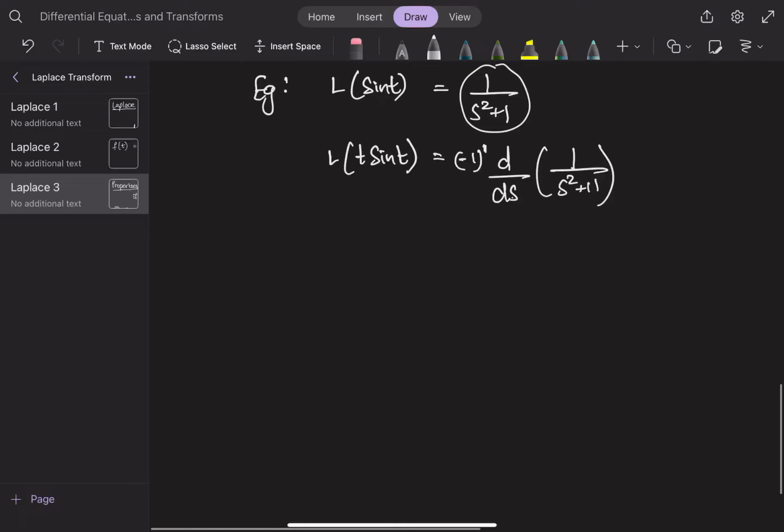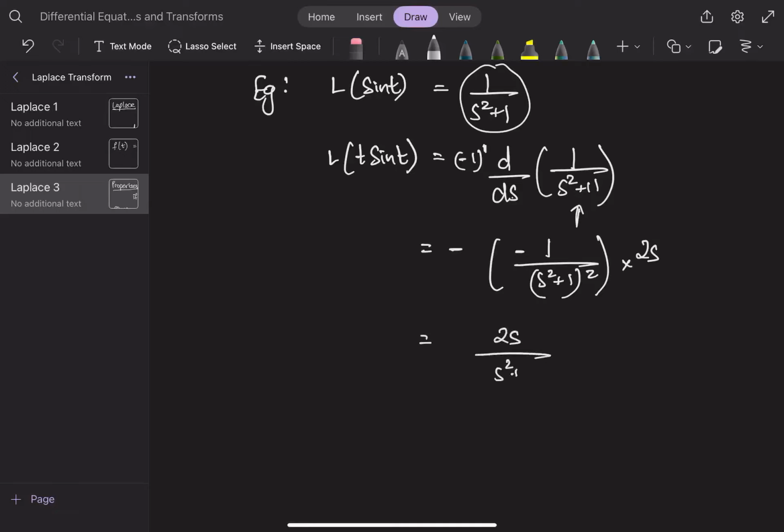So this becomes minus, and when you differentiate this once, you'll get minus 1 upon (s square plus 1) whole square into 2s. So your answer becomes 2s divided by (s square plus 1) whole square.